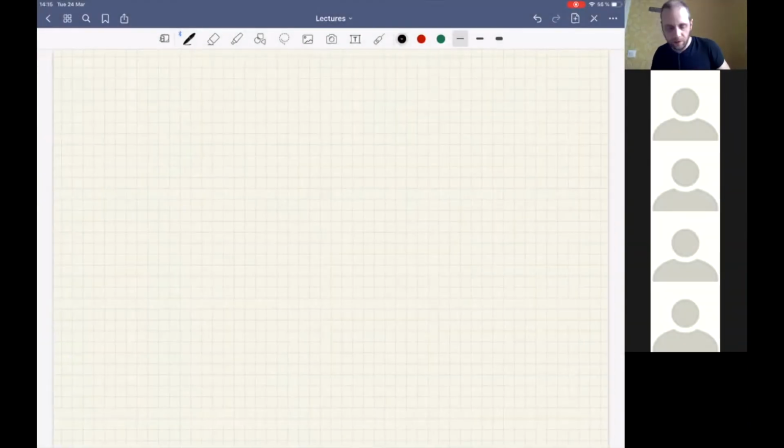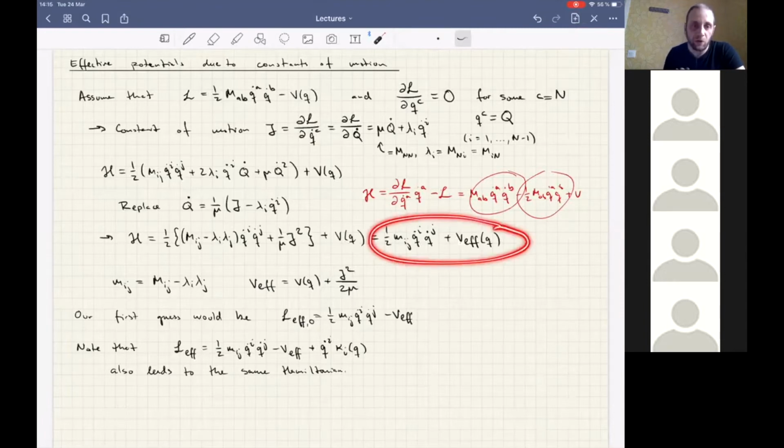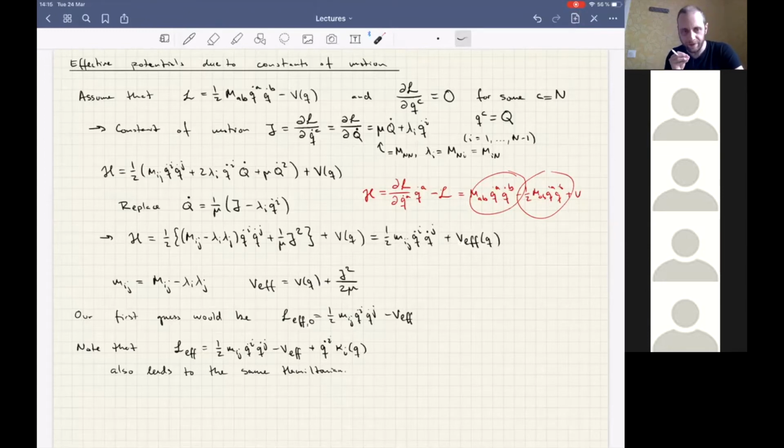So just to recap a little bit what we said at the end of last hour, we had this Hamiltonian, or this effective Hamiltonian, which we now know is conserved. We know that J is a constant of motion. And the question is, what effective Lagrangian gives us the same remaining equations of motion that our original Lagrangian gave us?